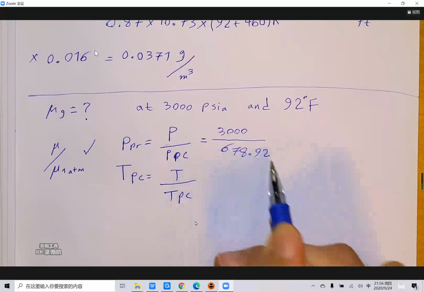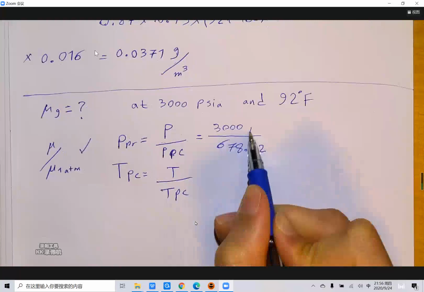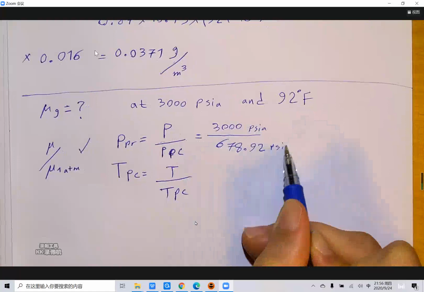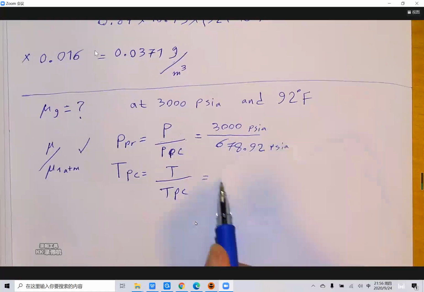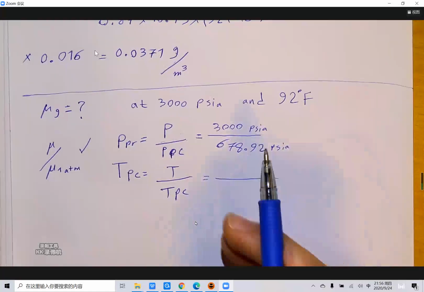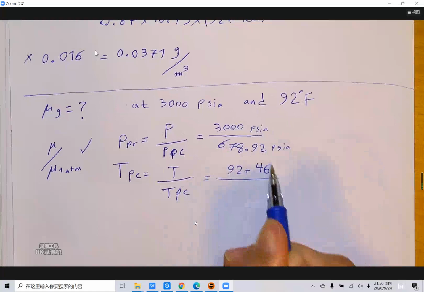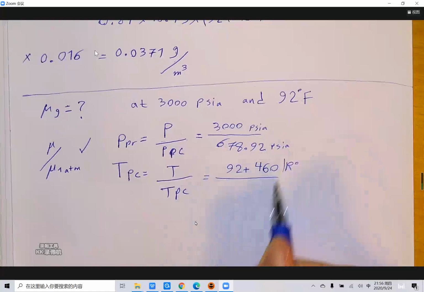Most of them are psia. And the temperature again is 92 Fahrenheit, converted to Rankine.